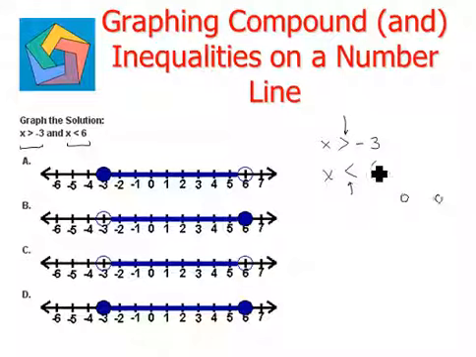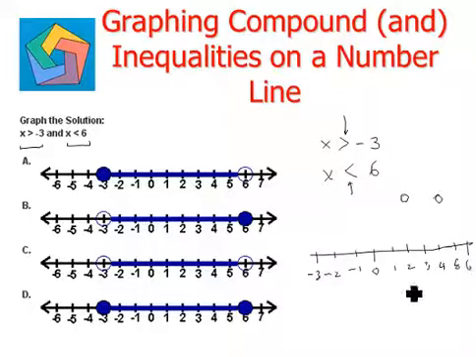Now x is greater than -3. Let's draw a rough number line over here. We'll make some points: 0, -1, -2, -3, and 1, 2, 3, 4, 5 and 6.